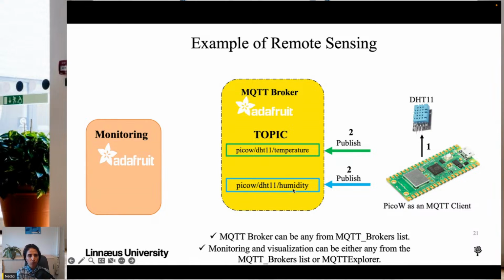And Adafruit is subscribed to those topics, as you can see, and receives the sensor readings and displays them on a gauge, as you can see here. So let's say the temperature and humidity that were 23 and 55 that we received from this sensor. Now they are shown here in Adafruit. You can see the values here, the temperature and humidity.